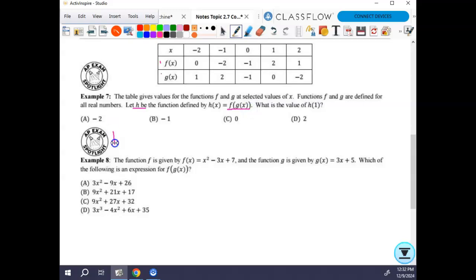So I want h of 1. So h of 1 is going to be equal to f of g of 1. Right? Just substituting in right to where it said it. So what is g of 1? 0. So then this becomes f of 0. And what is f of 0? -1.